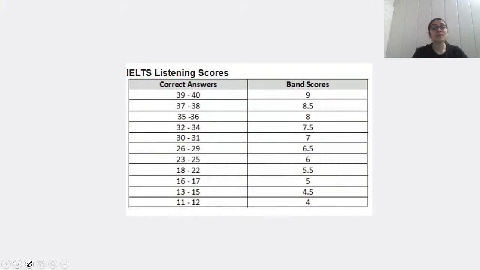If you get something between 39 to 40, it's 9. If you get something between 37 to 38, so guys, when you do your own checking, it's time for you all to become your own trainers and understand how you are going to proceed further with it, right? How do we proceed, and what is the right way to think and get good bands for yourself? That's what is required of us.